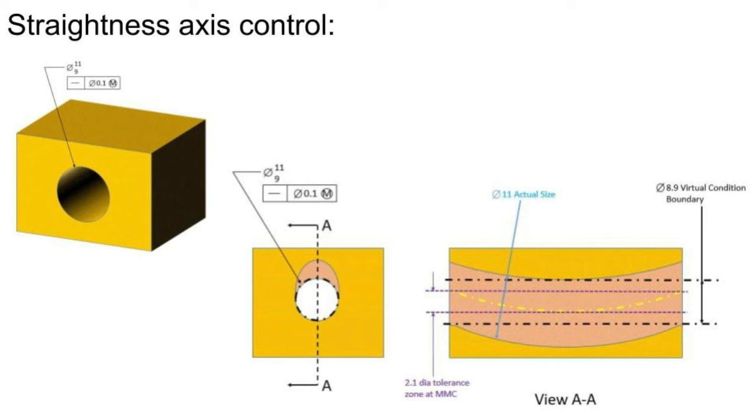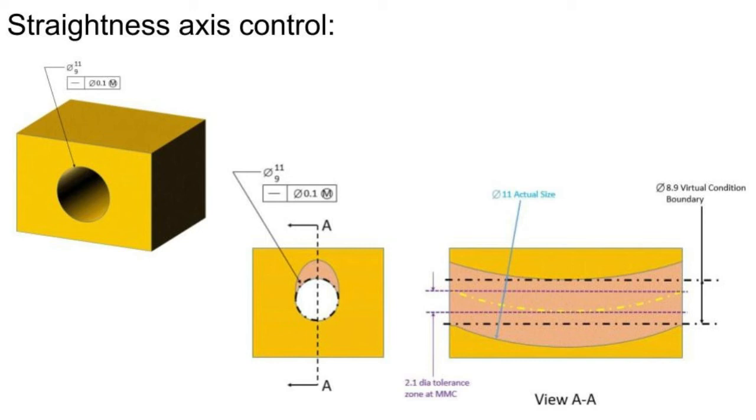So 2 plus 0.1, 2.1. For the hole produced at 11 inch diameter, we get a 2.1 diameter tolerance. So the derived median line, that is the axis of the hole, should lie within this 2.1 diameter tolerance zone.